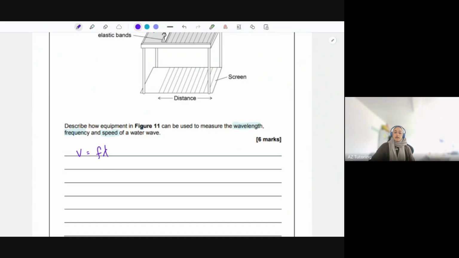So I just need to figure out how do I find two of these things to be able to then use the equation to find out the third? You should do this with almost every practical you get given in your paper tomorrow. So I essentially need to find two quantities to find the third.